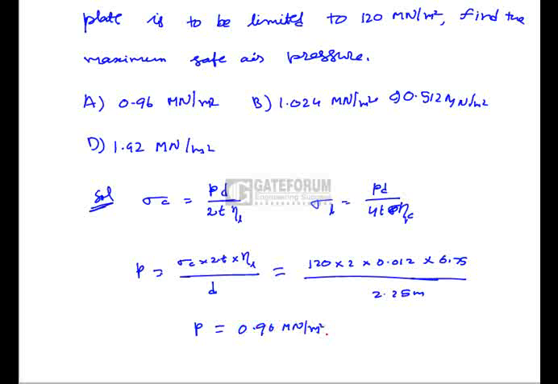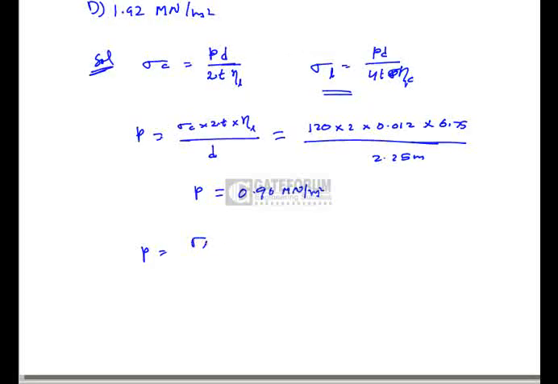Now consider the second equation, that is longitudinal stress, which gives sigma L into 4T into circumferential efficiency by D, which gives a value of 1.024 meganewton per meter square. So here we have two values, one is 0.96 and another one is 1.024.